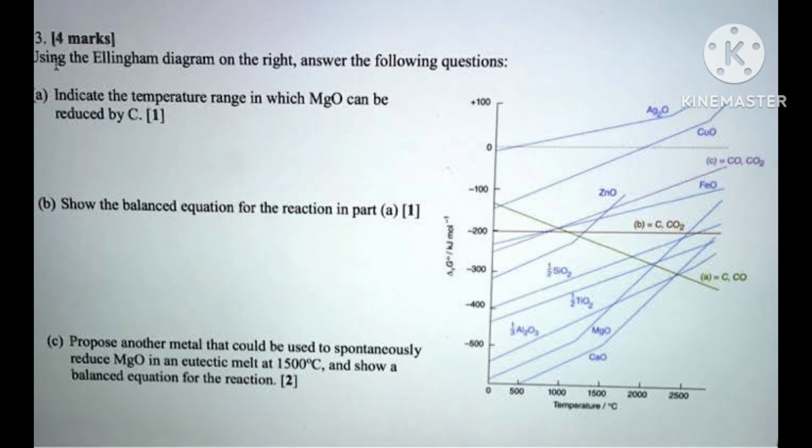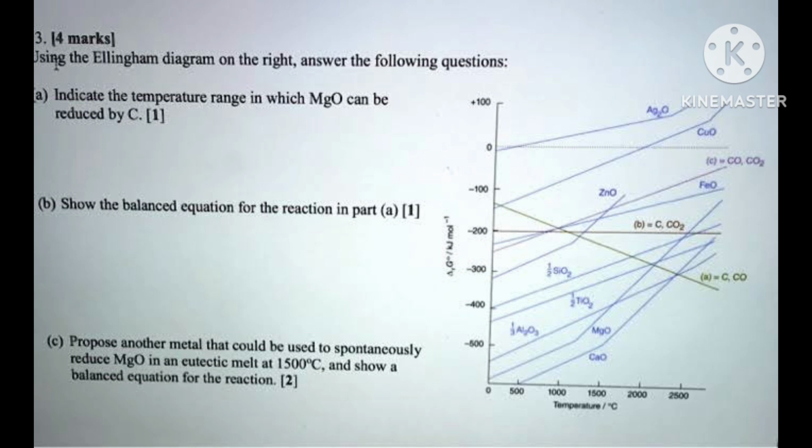Means, first you have to write the magnesium-aluminum reaction. Then two reactions you can write. Aluminum plus oxygen, it will give Al2O3, aluminum oxide. Correct? Now the balanced equation you will write: 4/3 Al plus O2 gives 2/3 Al2O3.